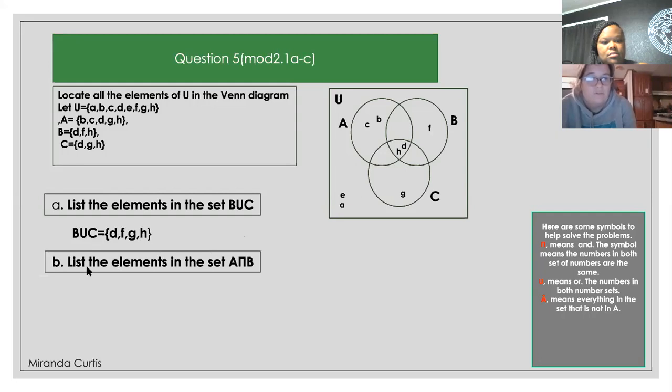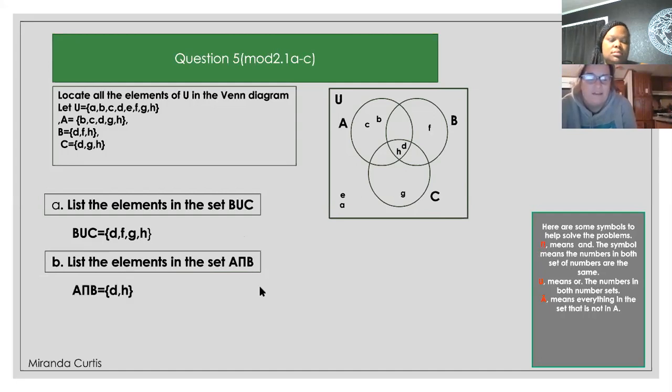Okay, our next one, list the elements in this set A, and we're going to look over here for our N right there. And what this one means is the symbol means that they're in both sets. So it intersects. So it's not like our U. It's not going to, no, I got it backwards. It means that it's going to be one or the other.